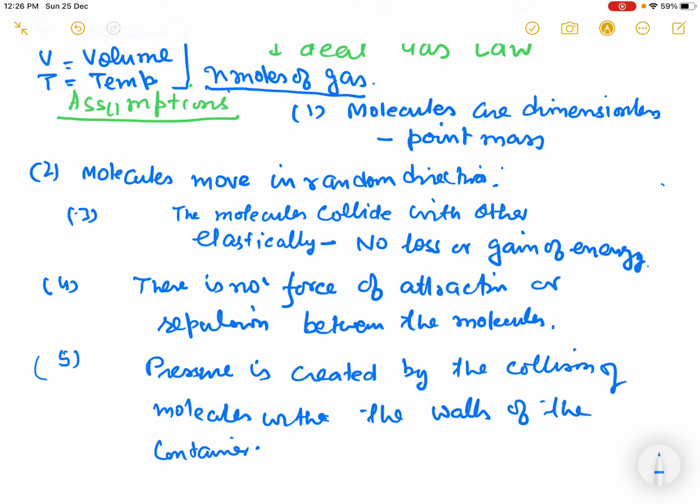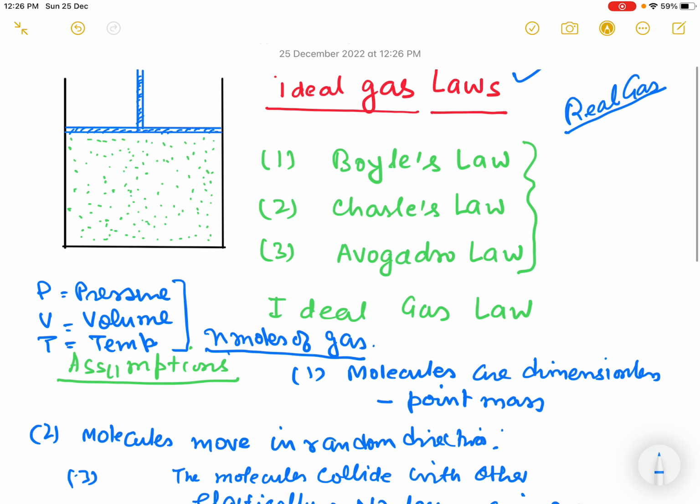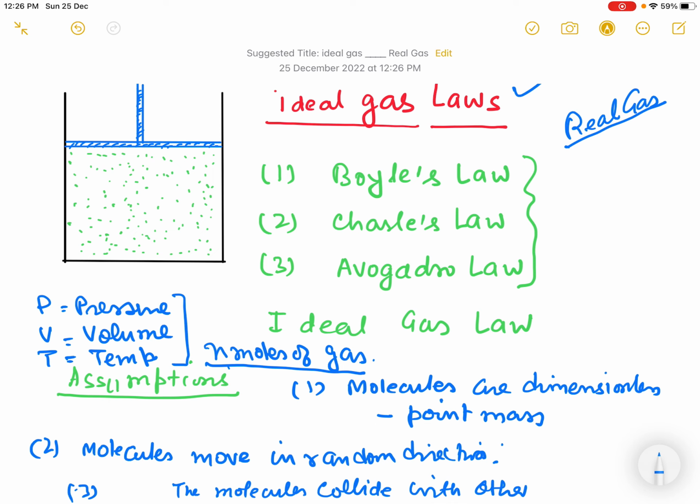So these are some of the assumptions with our ideal gas model of the gas. But in the real gas, these assumptions are not applied, and hence real gas is different from ideal gas behavior.